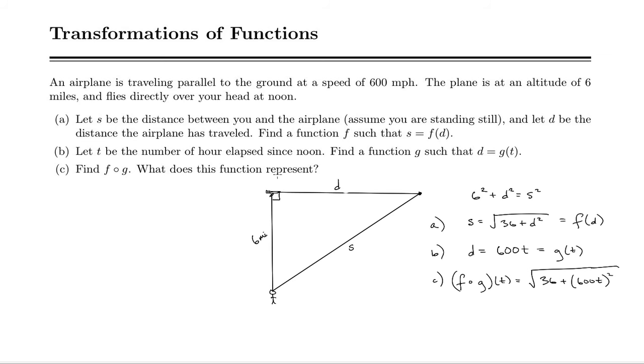And what does this function represent? Given a time t, we plug it into g, which gives us how far we've gone, and we plug that into f, which tells us how far the airplane has gone, and we find out how far the airplane is from us.